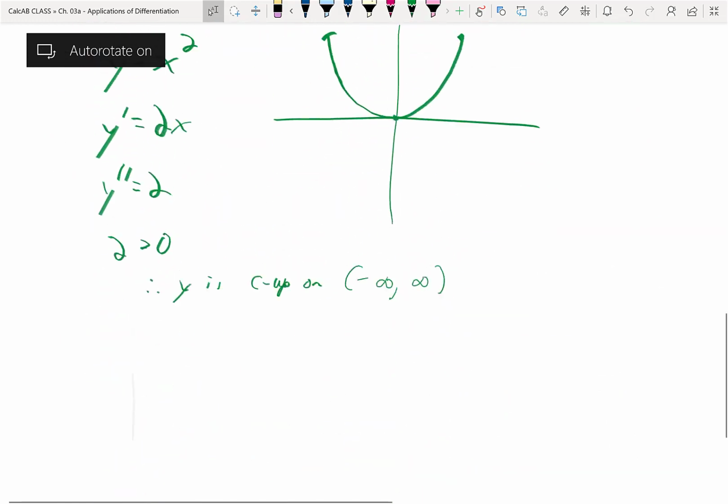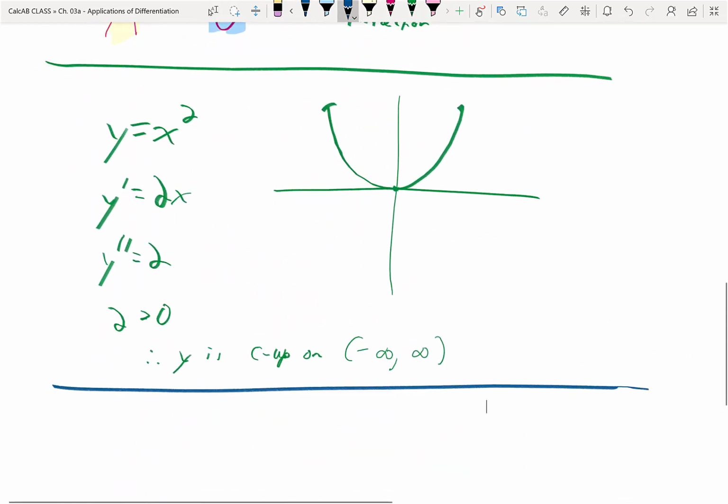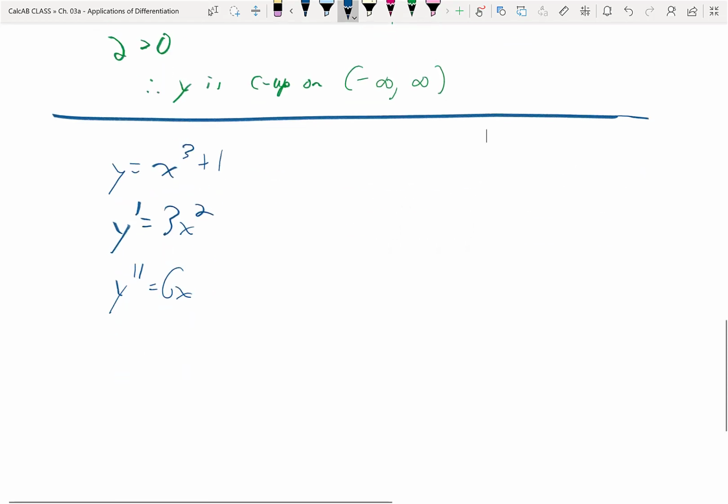So going all the way back down, let's do another one. Let's look at y equals x cubed plus 1. Y prime would then be 3x squared. Y double prime would then be 6x. So if I do a sign test on the second derivative, well, I know that 6x is equal to 0 when x is equal to 0.